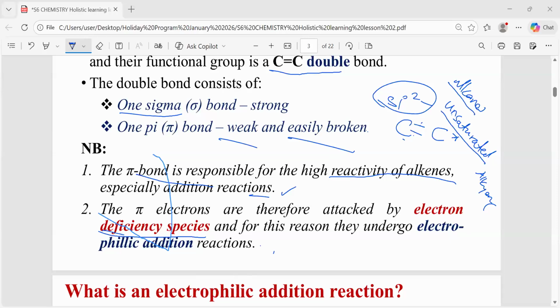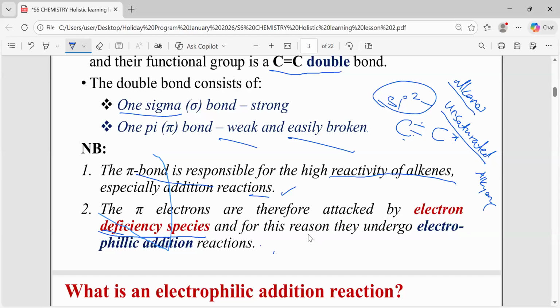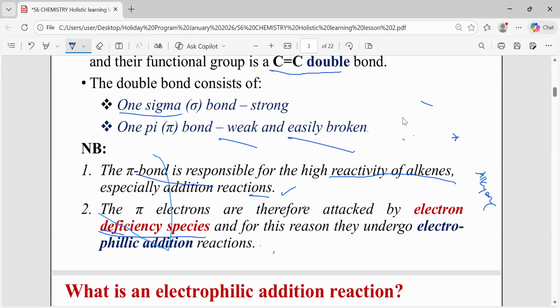I'm seeing Daniela. Daniela, you can unmute. Yes, good afternoon, sir. Good afternoon. Well, an electrophilic addition reaction is that reaction in which an electrophile adds to an alkene or alkyne to form a single product.